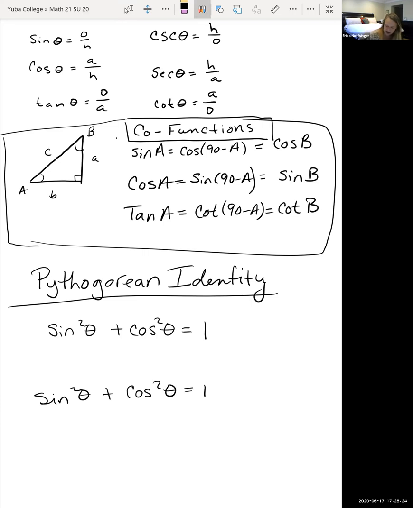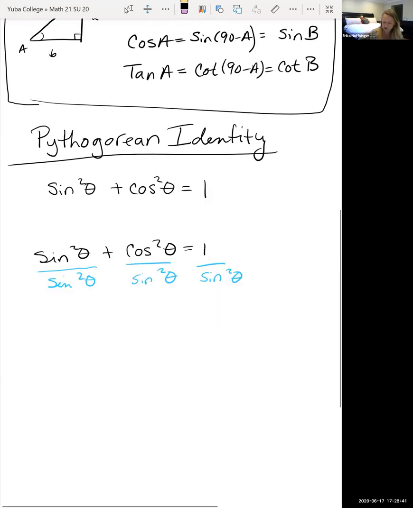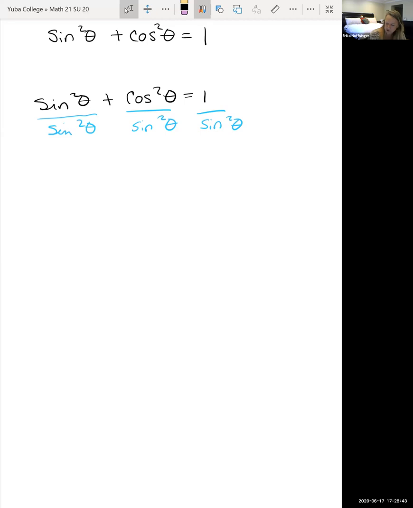Let's divide everything through here by sine squared theta. And so if we do that, well, sine squared theta divided by sine squared theta is just equal to 1, plus cosine squared theta over sine squared theta.